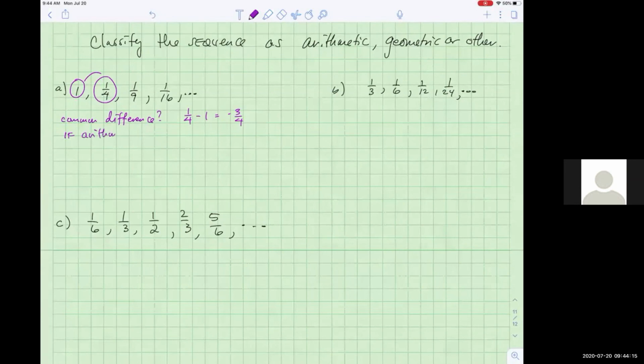If it's arithmetic, the next difference should be the same. Is it? Well, 1/9 minus 1/4.